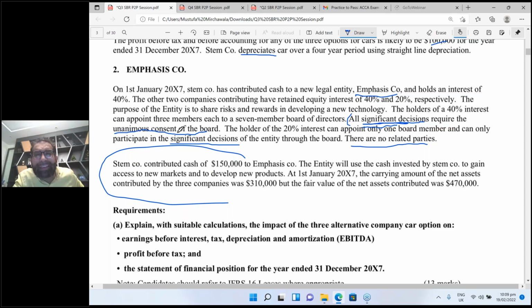And then they say can only participate in significant decisions. Do you think that's a small thing? Significant decisions are real decisions, big decisions. So when you have power to stop the big decisions, yes, you have joint control.